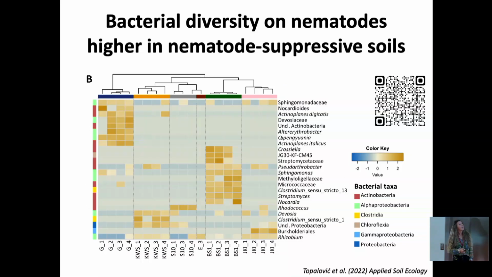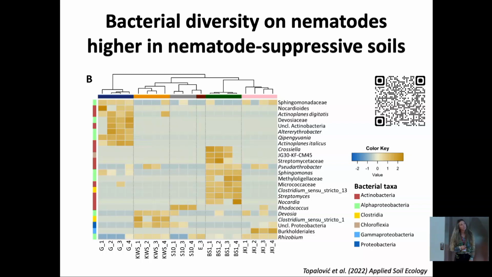I have also worked a lot with nematode suppressive soils, and in particular, I was interested to see which microbes associate with the surface of these second stage juveniles in nematode suppressive and nematode conducive soils. What we found was that in nematode suppressive soils, such as soil G from Geisenheim and BS1 from Dansdorf, both soils from Germany, the bacterial profile was more diverse on these juveniles compared to non-suppressive soils, such as KWS or JKI.